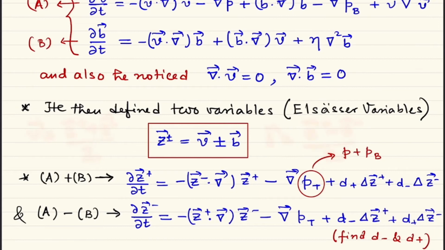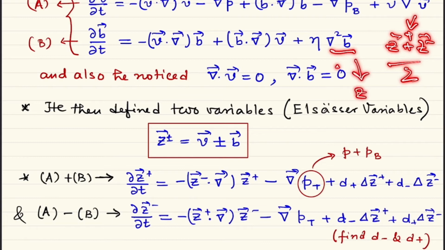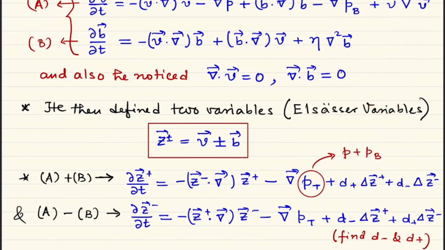If you write V and B like this, then you are done. Then you can find d plus and d minus in terms of eta and nu. This is simply a two-step calculation, so I rather ask you to do it.